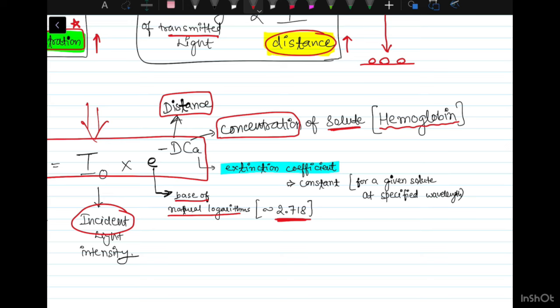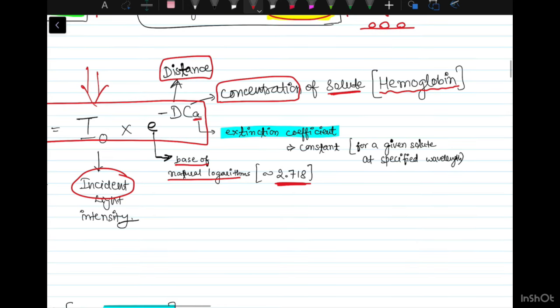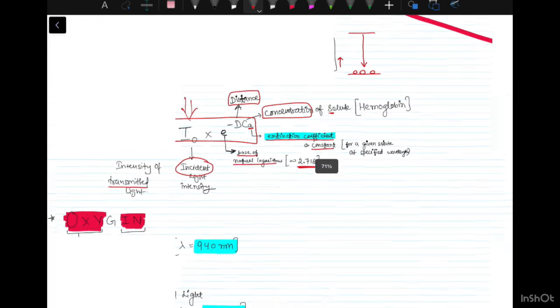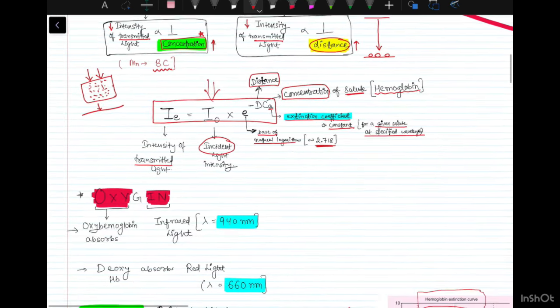And because in our human body this solute is actually nothing but hemoglobin, then A is the extinction coefficient, which is a constant. So for a given solute at a specified wavelength, because we are putting the finger under two types of wavelengths and the solute present is hemoglobin, that is why this is constant, which is the extinction coefficient. And obviously because of hemoglobin, this A is known as the hemoglobin extinction coefficient.